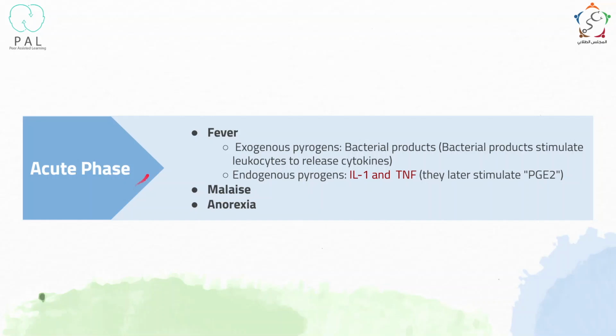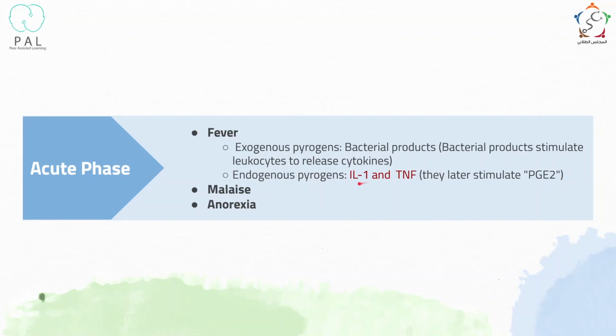So what are the acute phase reactions? 1, fever. Exogenous pyrogens such as bacterial products, so these are products that induce fever, or they can be endogenous pyrogens such as interleukin-1 and tumor necrosis factor that are released throughout the inflammatory reaction.